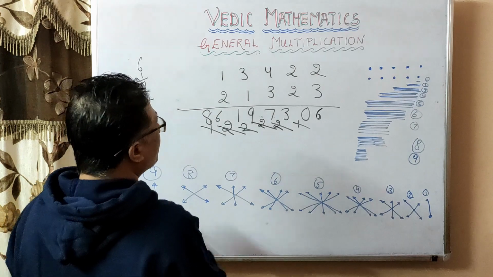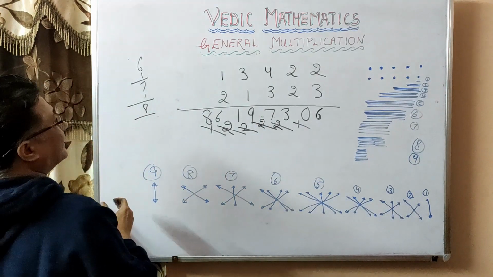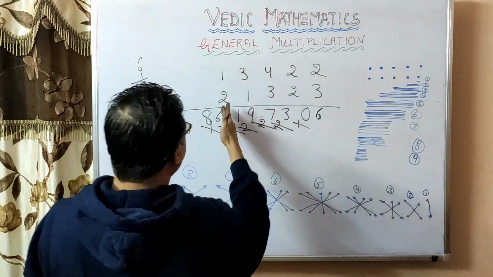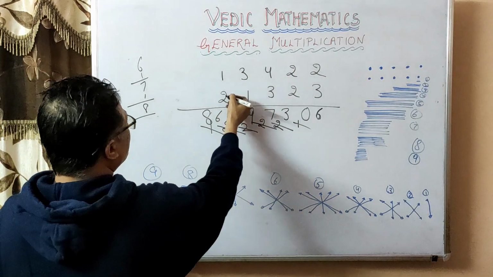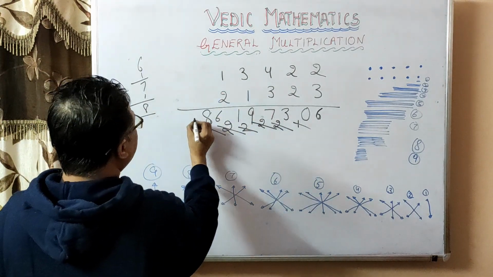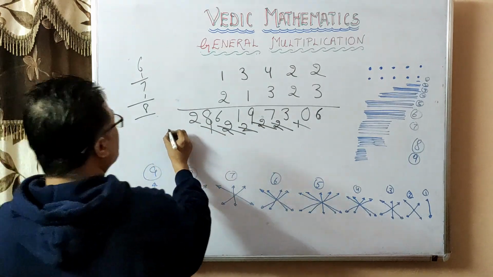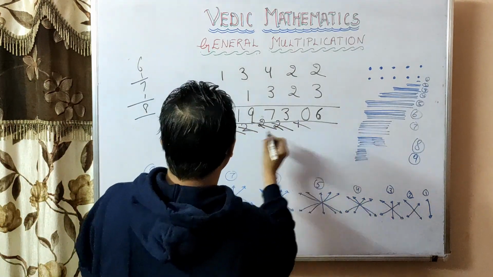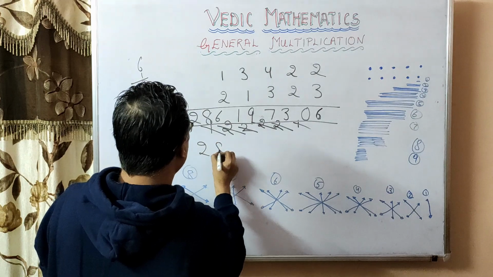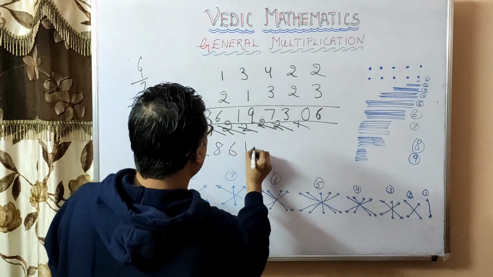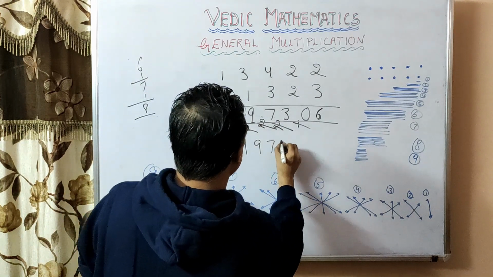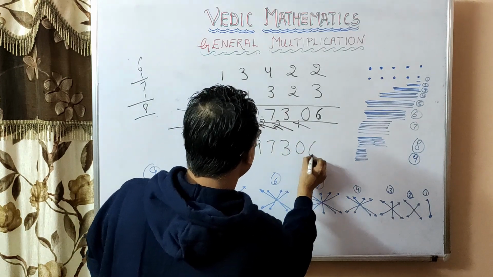Okay, and now I come to my final 9th step, because I will remove this also, only these two remain. So I have to cross multiply them. 2 ones are 2. So there is no carry forward. So my answer is 2, 8, 6, 1, 9, 7, 3, 0, 6.